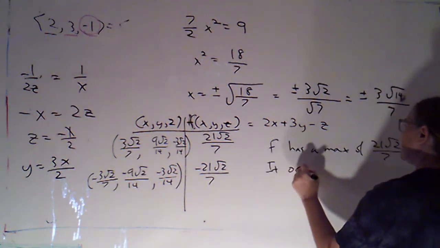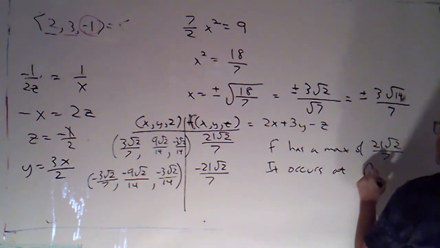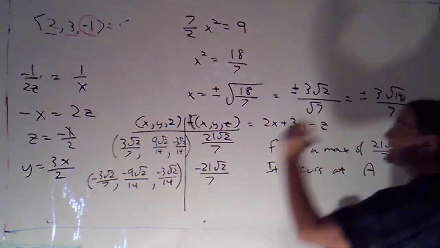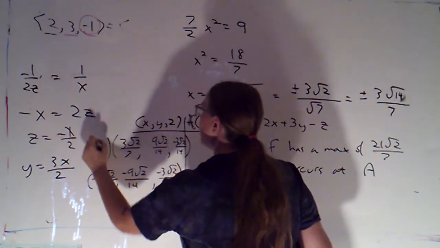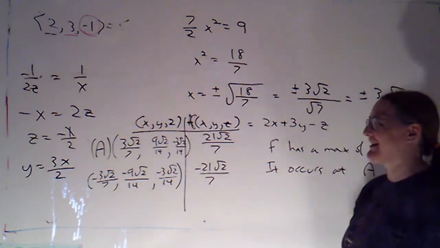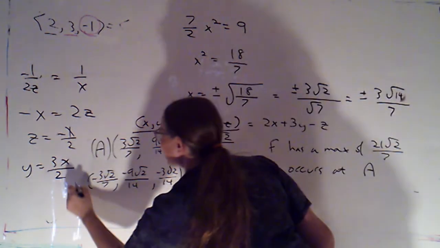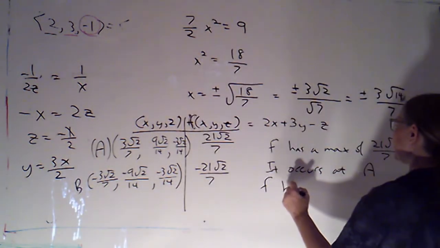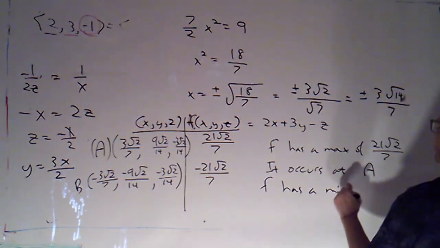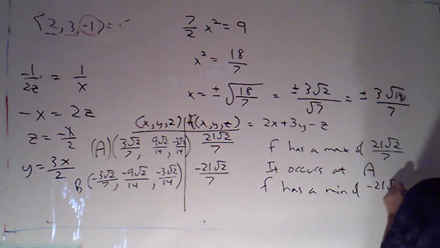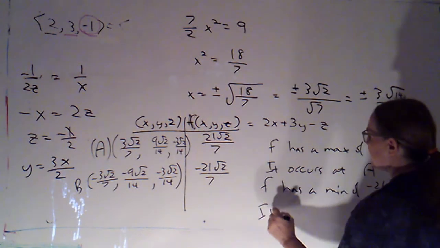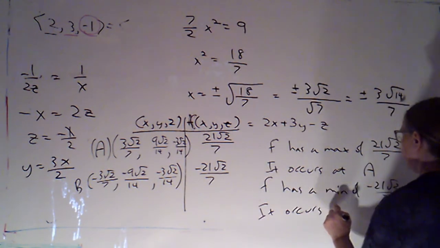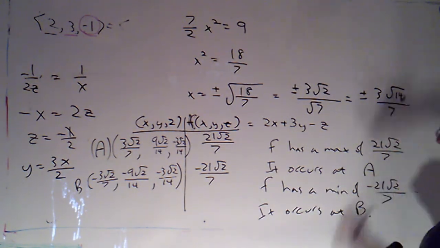It occurs at point A. So I should probably give this point a name and call it A. I just don't feel like writing those fractions again. Let's call the other point B, and we can say f has a min of negative 21 root 2 over 7, and it occurs at B. Excellent.